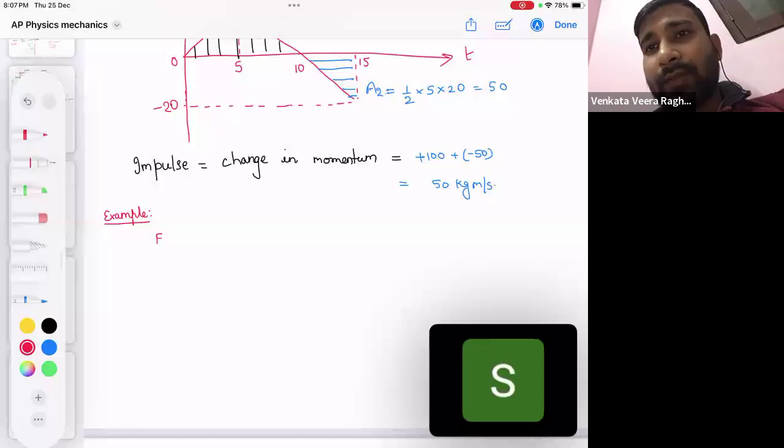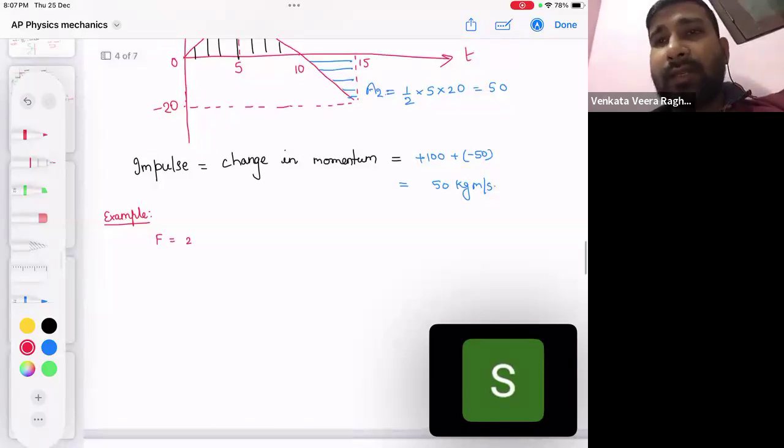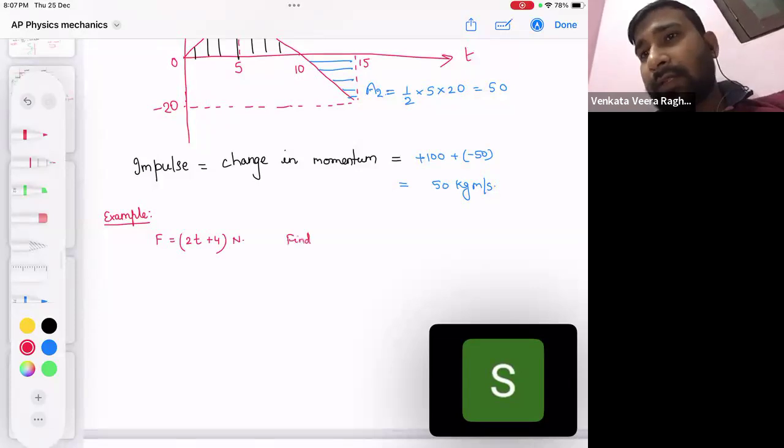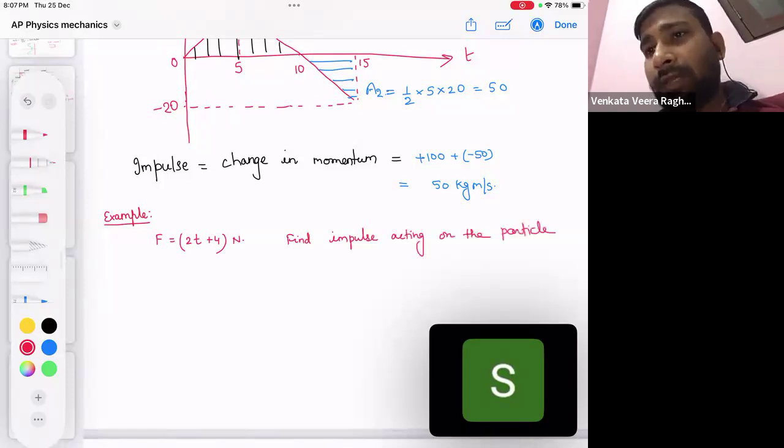Let's say in the question the force acting on the particle is given to us as 2t plus 4 Newton. They're asking the same question again: find the impulse acting on the particle for 0 to 4 second.